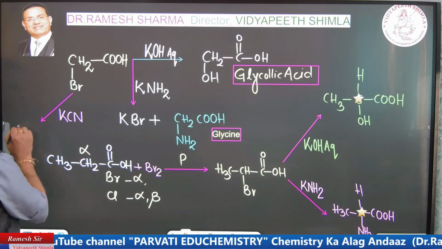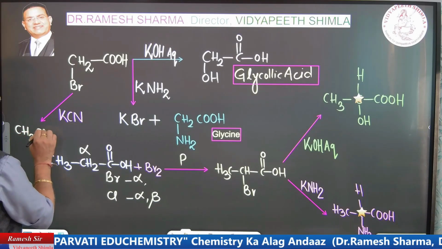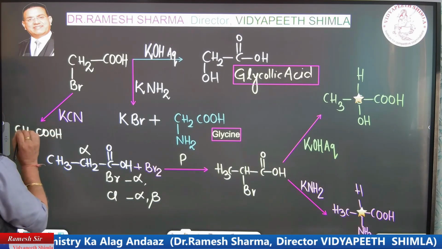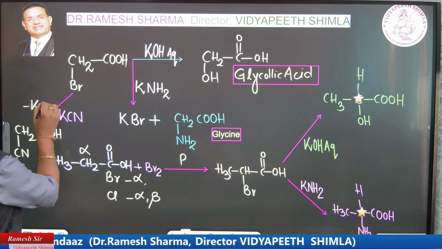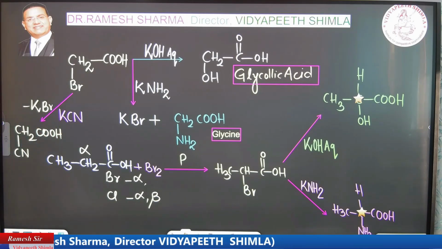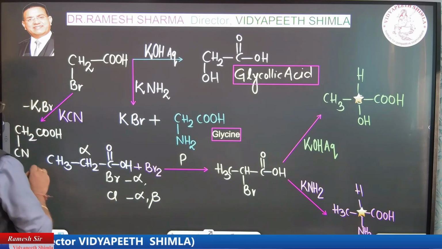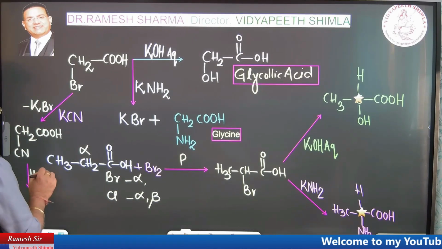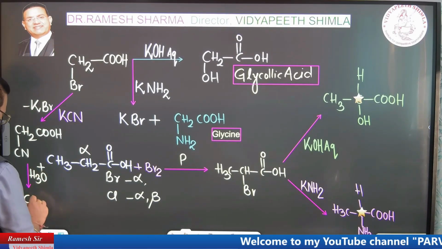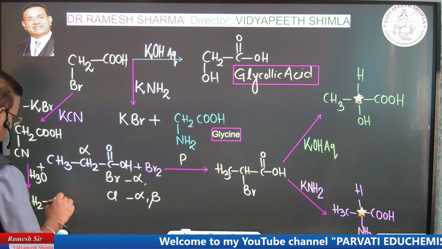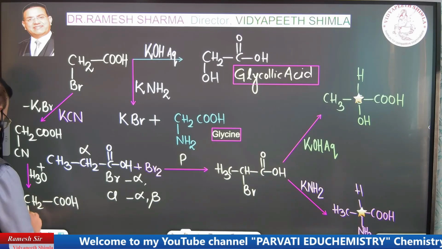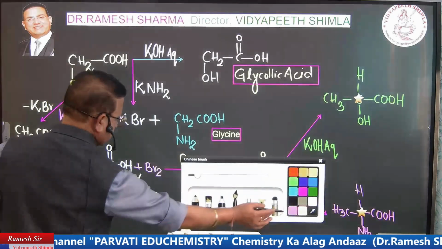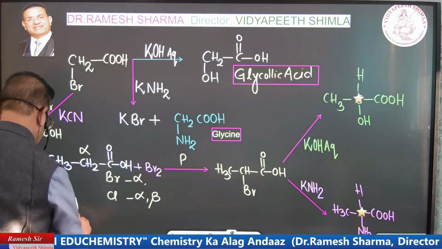So this KCN with this will be forming CNCH2COOH, and this is alpha cyanoethanoic acid, which followed by acidic hydrolysis, you will be getting HOOCCH2COOH, that is malonic acid.